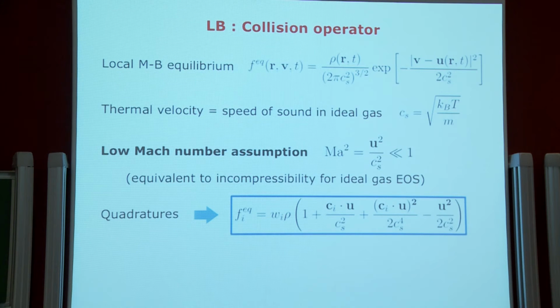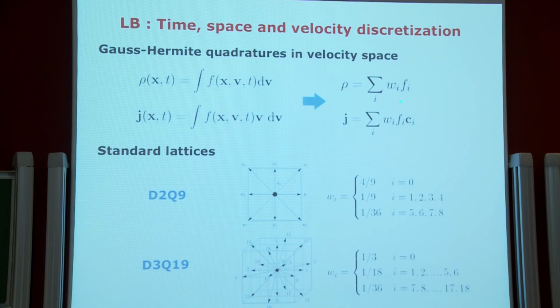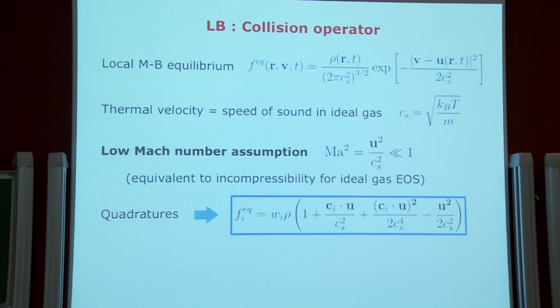And if you take the quadratures for the equilibrium distribution that you need to compute the collision operator, you will find something very simple. The equilibrium population towards which you want to relax is proportional to the density, just as here, with a weight because we're doing quadratures.